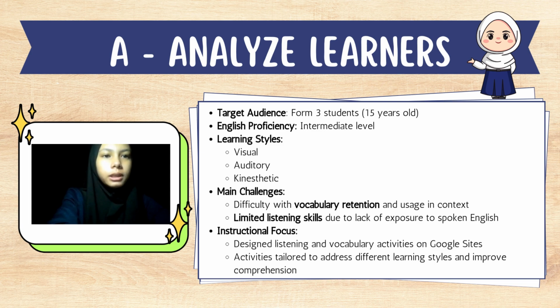The first letter in the ASSURE model is A, which stands for Analyze Learner. So our target audience in this site is Form 3 students, which is 15 years old. Their English proficiency is intermediate level. So there are various learning styles, examples like visual, auditory, kinesthetic.